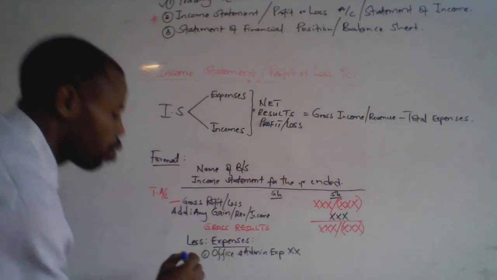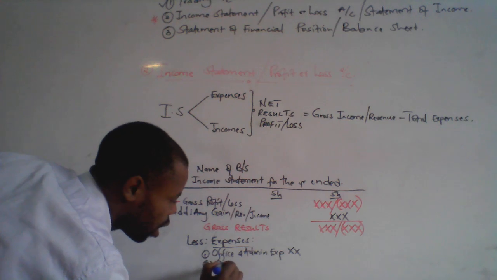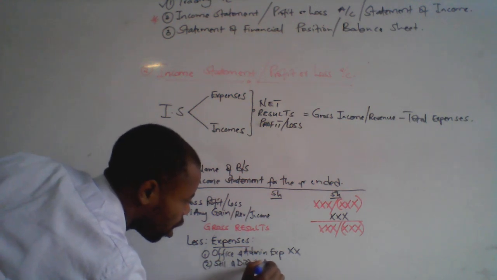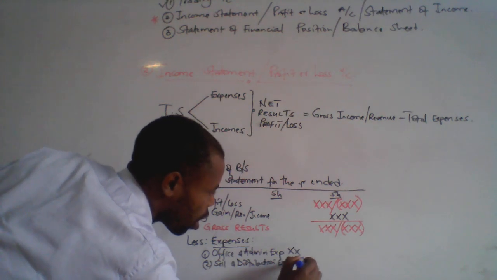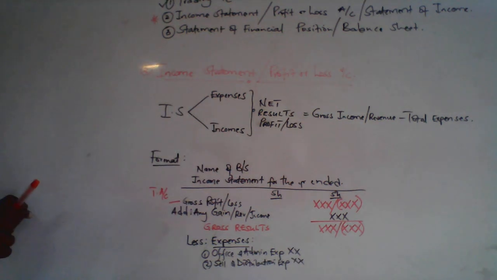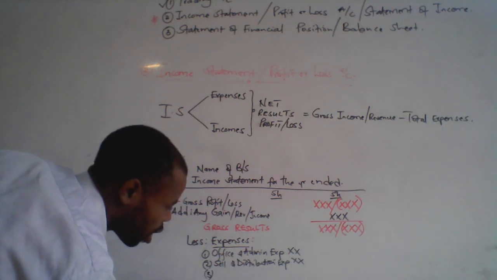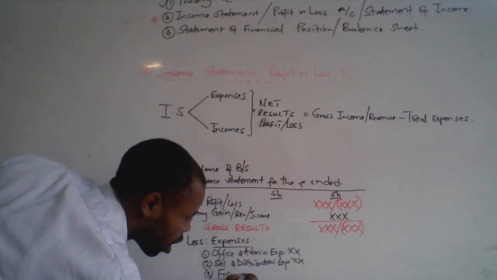Number two is what we call the selling and distribution expenses. That is the second expense. And the third expense that you are going to learn here is what we call the financial charges.